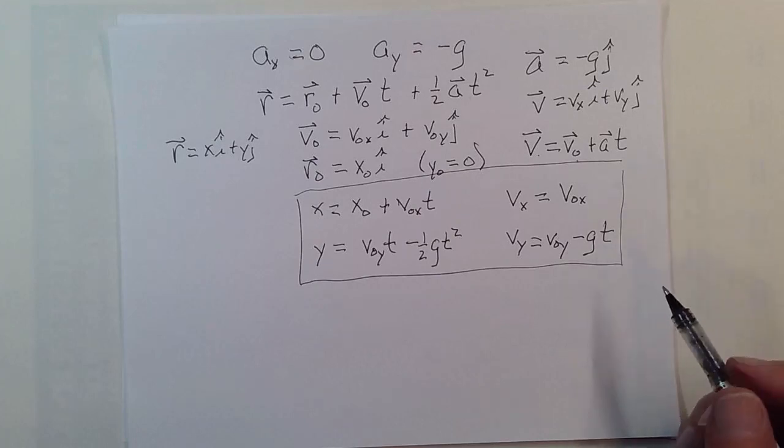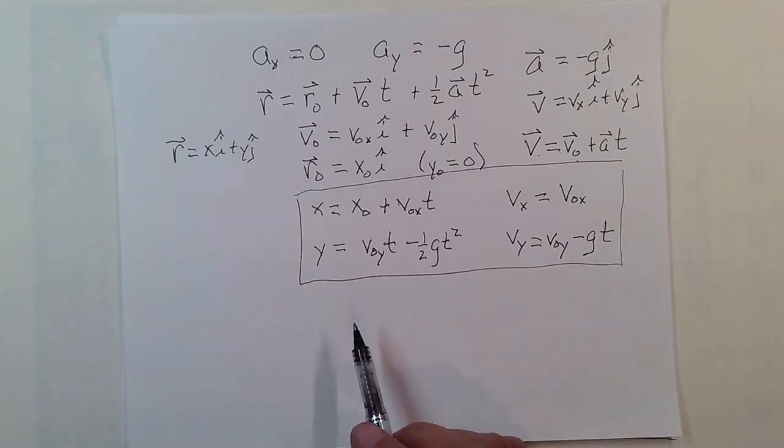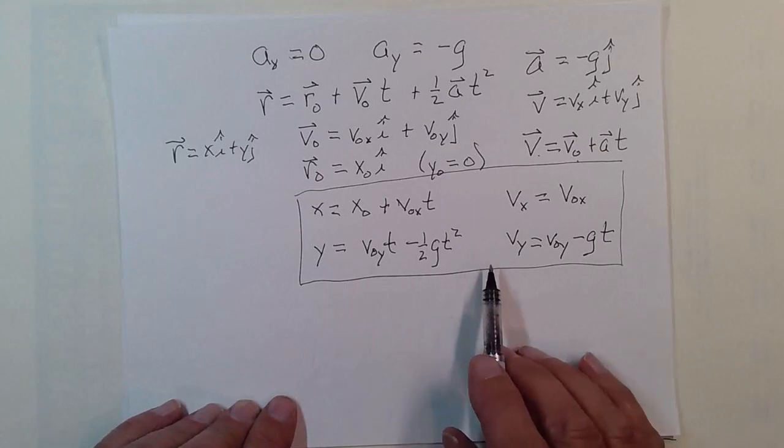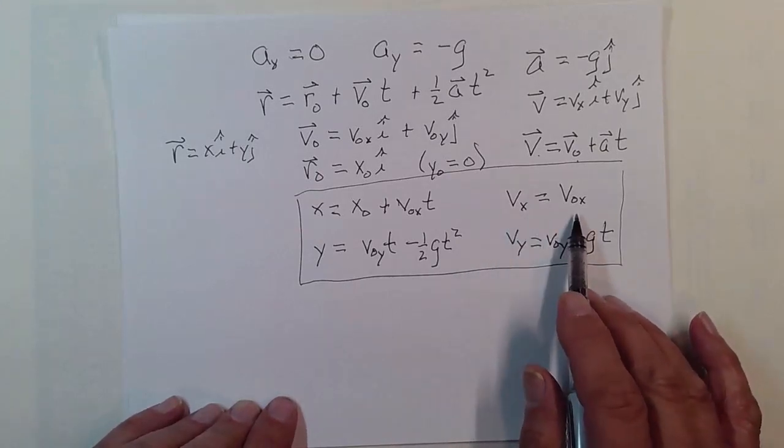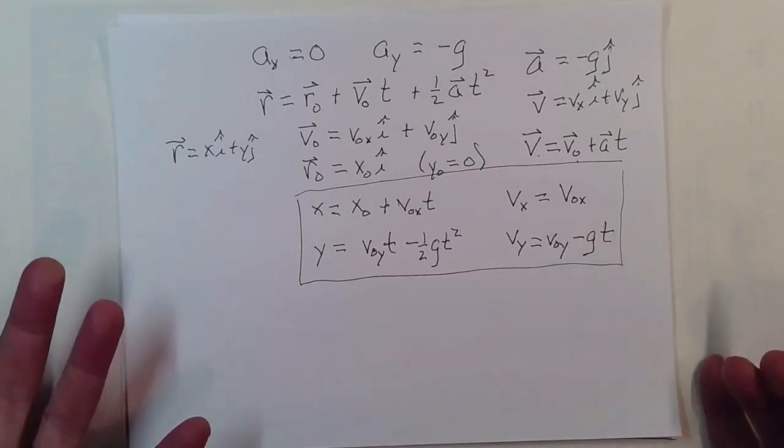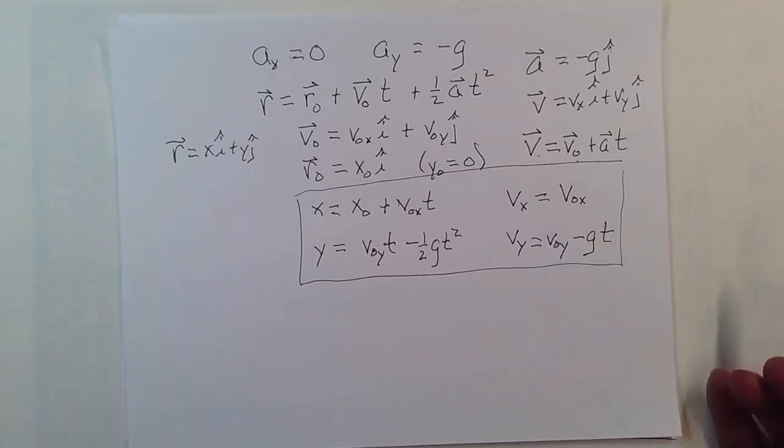That's something where x is horizontal, y is vertical. The only acceleration going on is in the y direction, so v sub x is constant, and those are the equations we have to deal with.